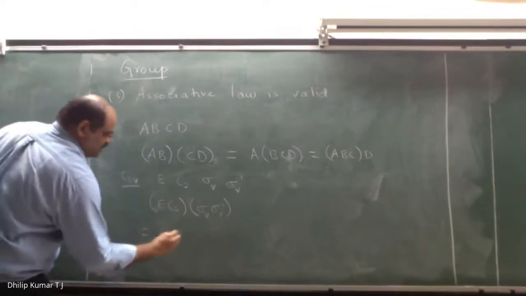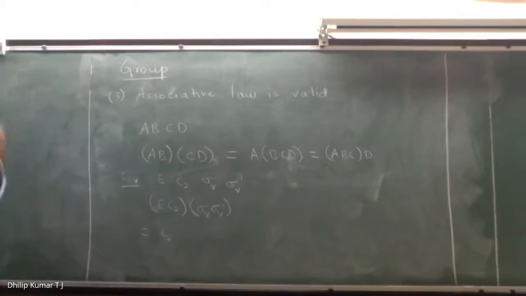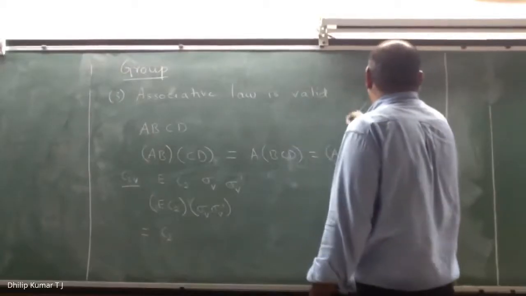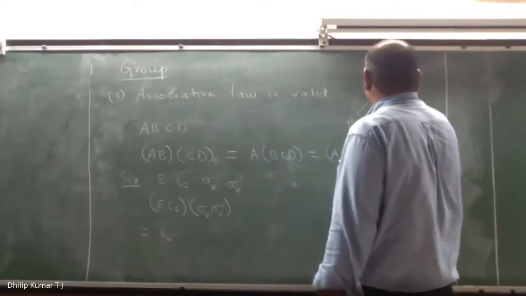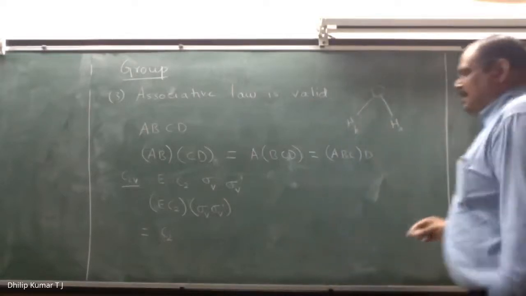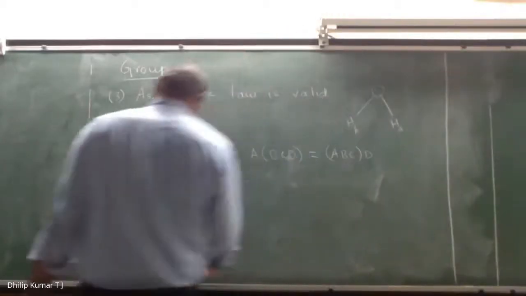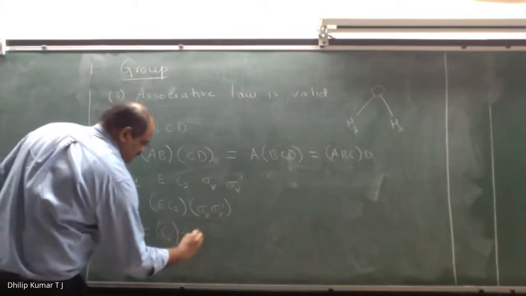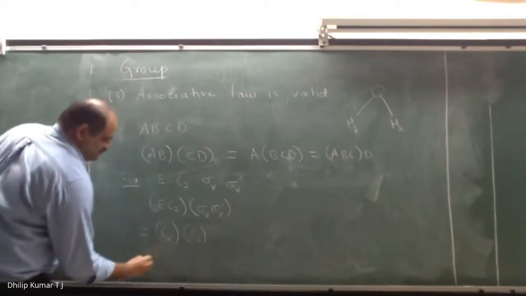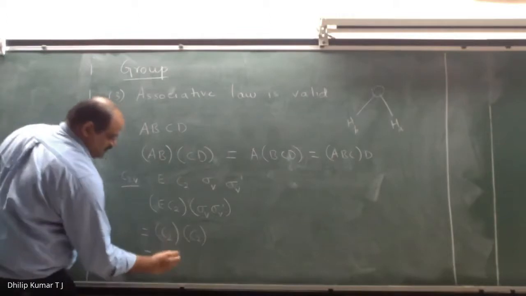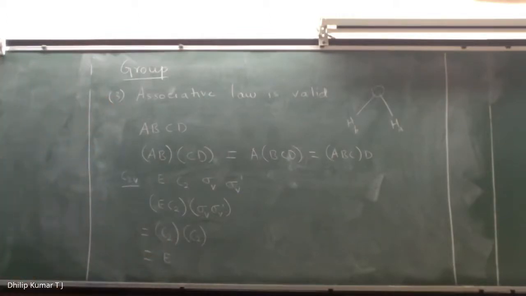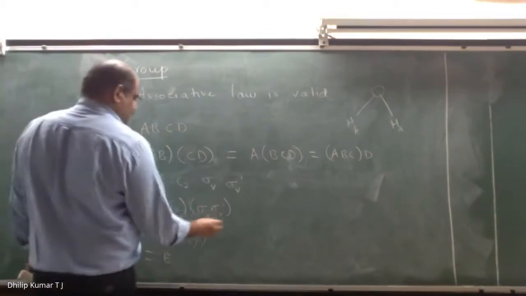You get C2 here, and then sigma V into sigma V prime. From the multiplication table, what do you get? Sigma V into sigma V prime is C2. So C2 into C2 is E, right? So this is this combination.